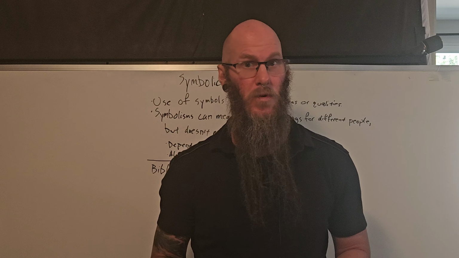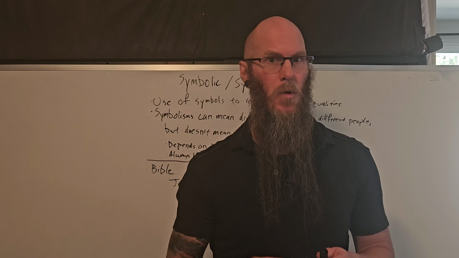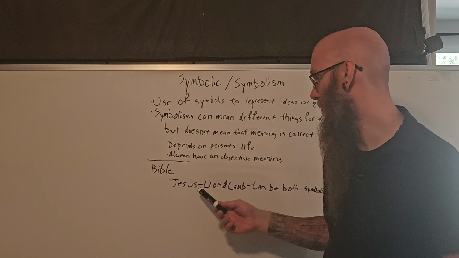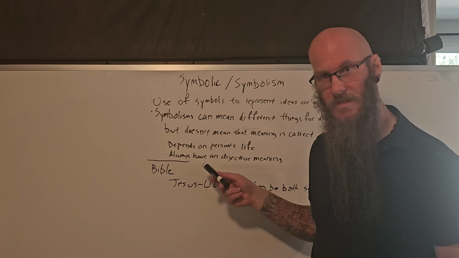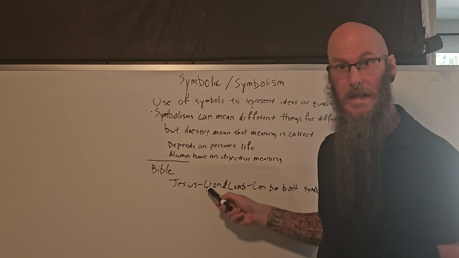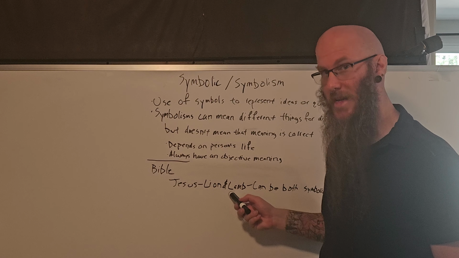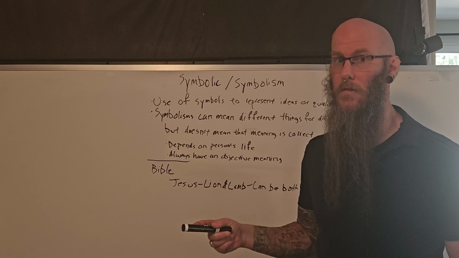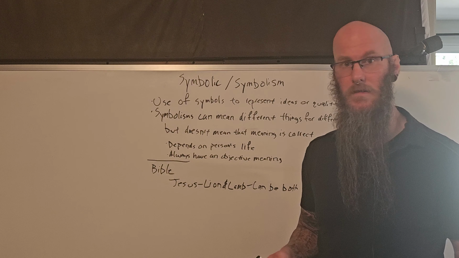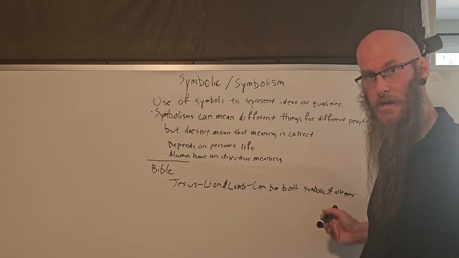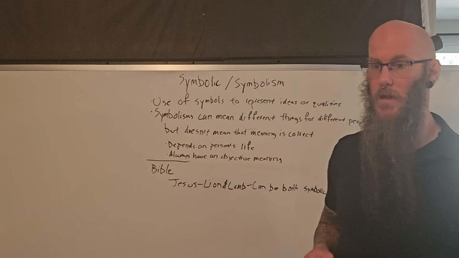One quick example of symbolism within Scripture is Jesus. We know that Scripture calls Jesus a lion and a lamb, but he's not a literal lion and a lamb. That makes no sense, but it's symbolism and allegory when referring to that.